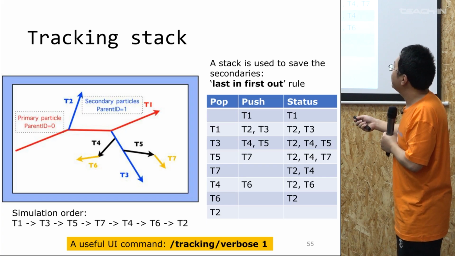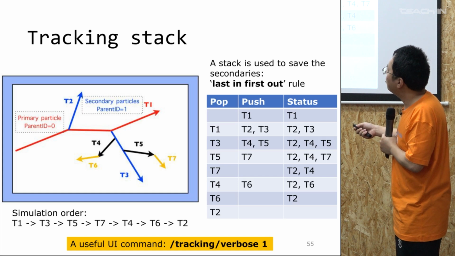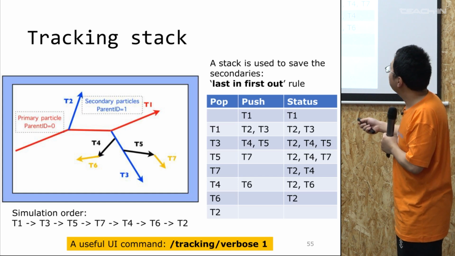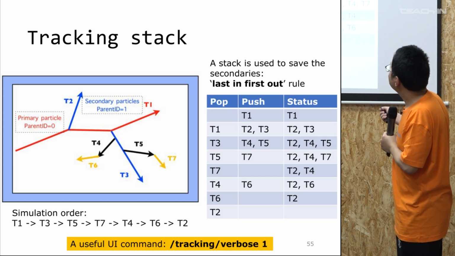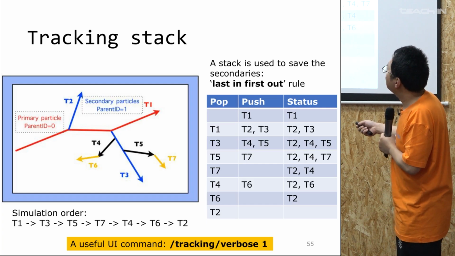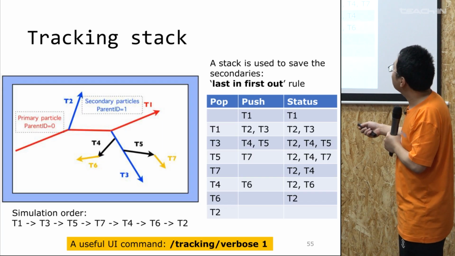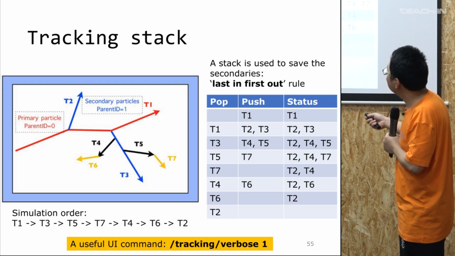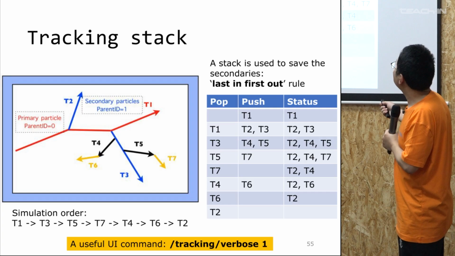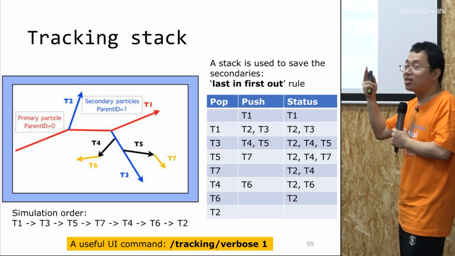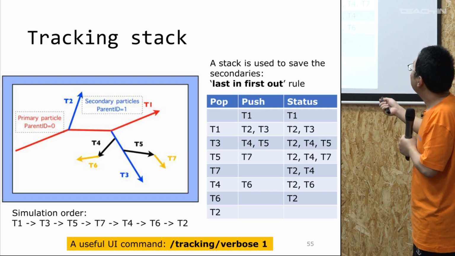So when they are created, for example T2 is created first, so it will be pushed to the stack first. Then T3 is created, so T3 is pushed later. After you simulate this T1, in the stack you will have two particles, the T2 and the T3.